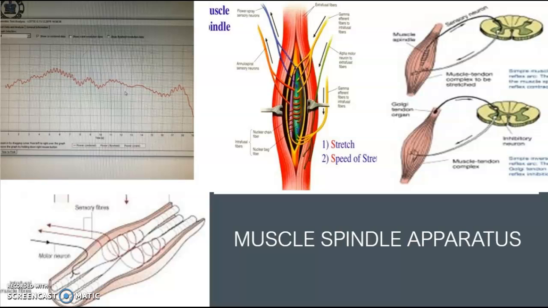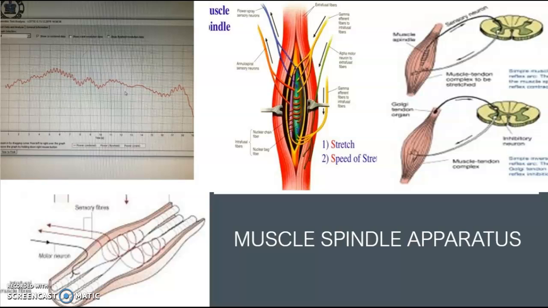The stretch reflex is a muscle contraction in response to stretching within the muscle. It is a monosynaptic reflex which produces automatic regulation of skeletal muscle length. When a muscle lengthens, the muscle spindle is stretched and the nerve activity will increase.